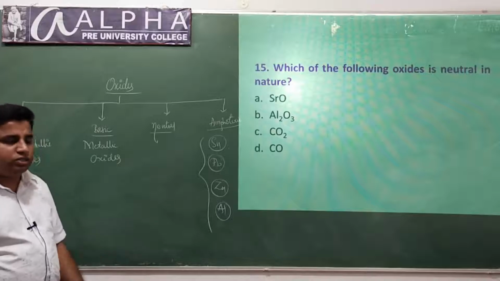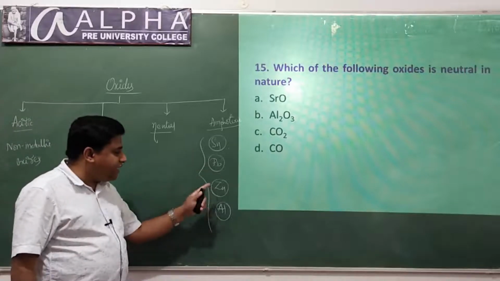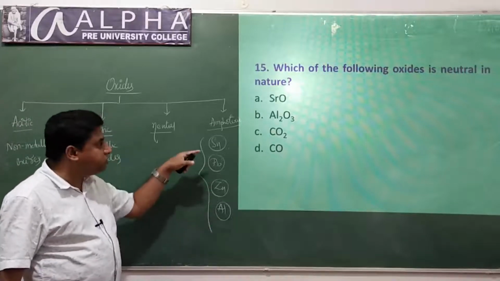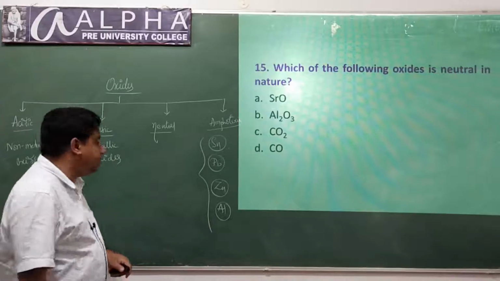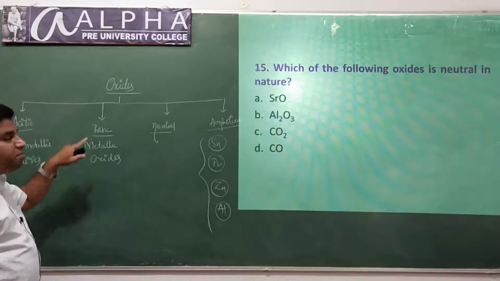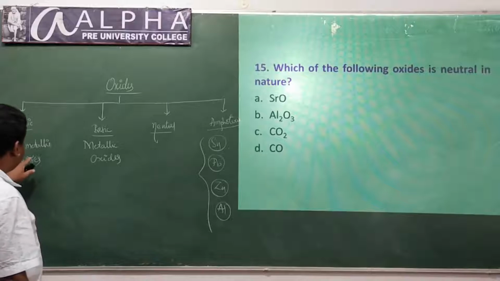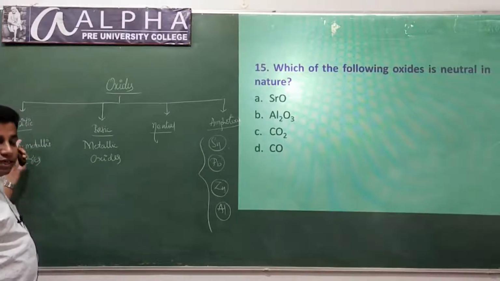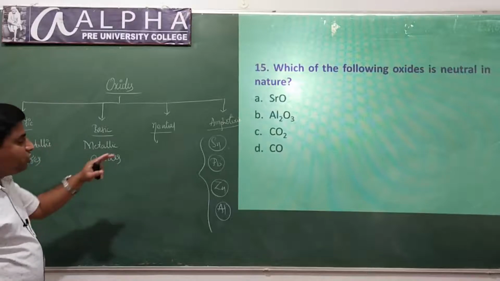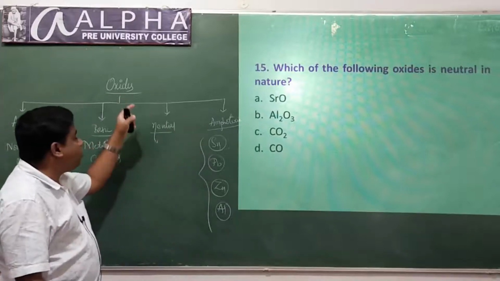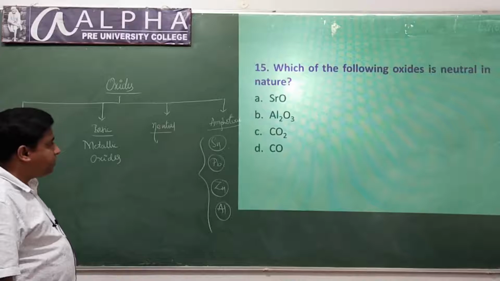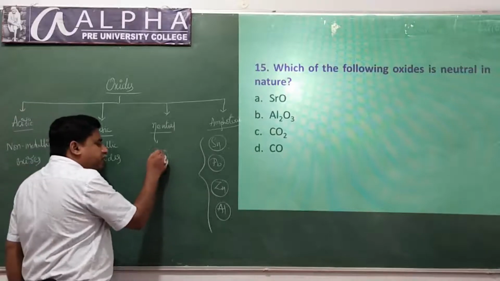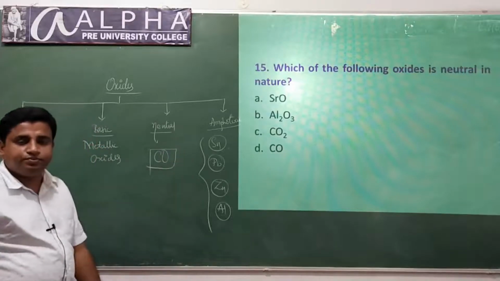Remember it, direct question: tin, lead, zinc, aluminium form what type of oxides? Amphoteric oxides. Metallic oxides form basic oxides. Acidic oxides are formed by non-metals. Non-metallic oxides are acidic, metallic oxides are basic, whereas these elements form amphoteric oxides. Only carbon monoxide is a neutral oxide.